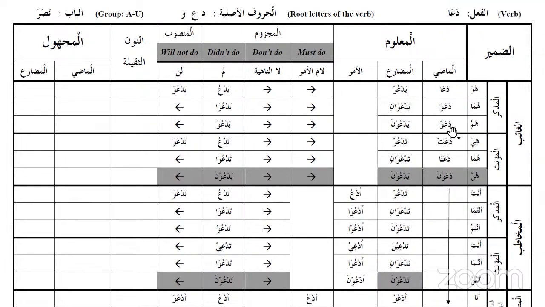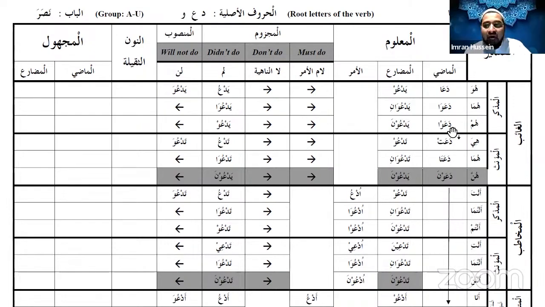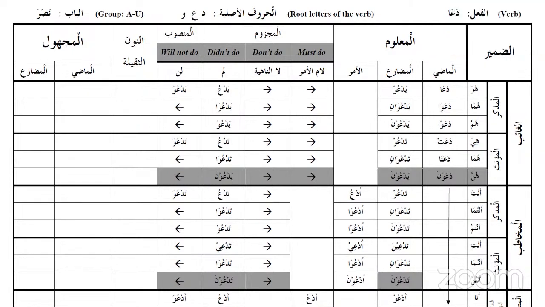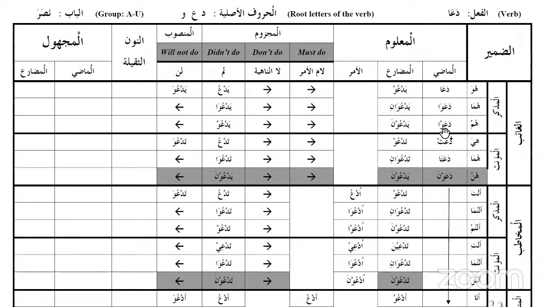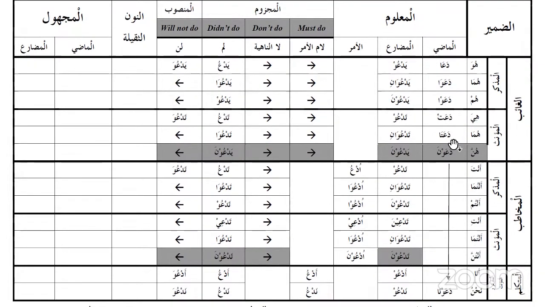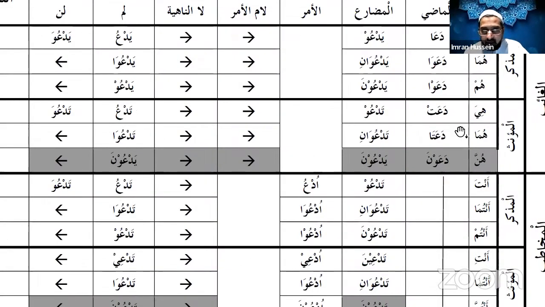It should have been da'awu. But the waw of the verb itself has been dropped. This waw is the waw of the plural. Okay, got it. So it's da'a, da'awa, da'aw, da'at, da'ata, da'awna. So remember this point. Just 1 second, sister.